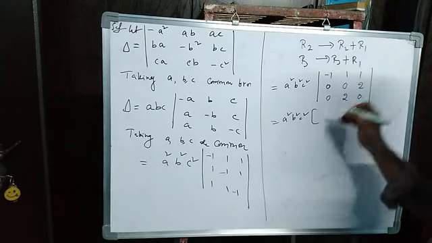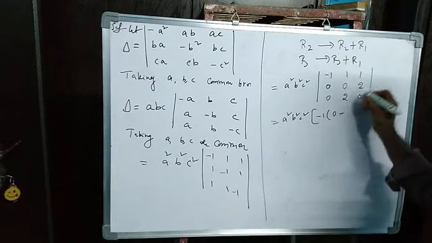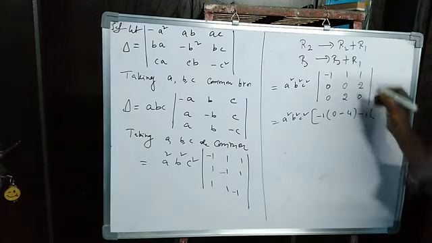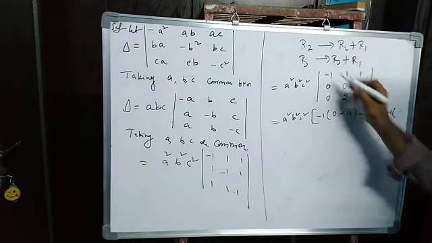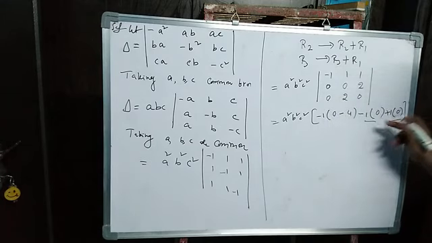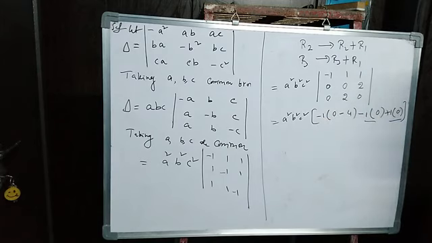So just observe this one. Expand by row 1: minus 1 into 0 into 0, 0, minus 2 into 2, 4. Okay. Next minus 1 into 0 into 0, 0, 0 into 0, 0, 0 you will get. Right? Next plus 1 into 2 into 0, 0, 0 into 0, 0. Just what is that? First number will be there; second and third numbers are zeros or not.